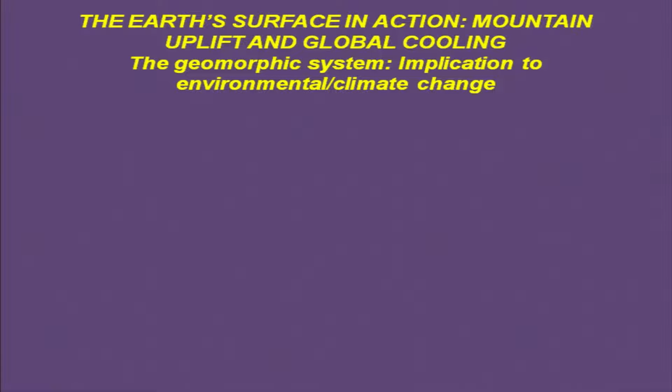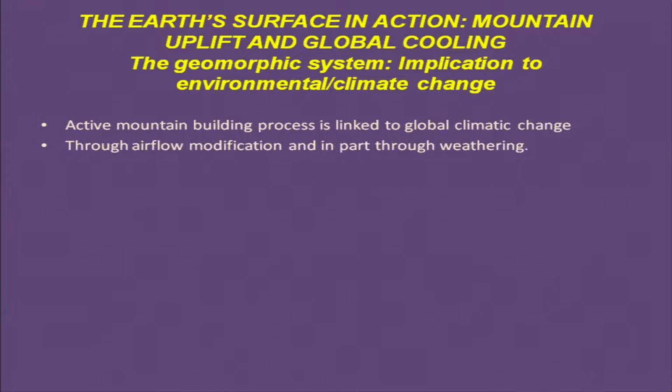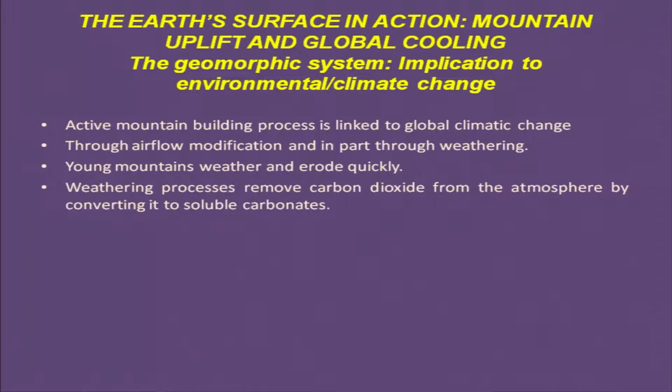Active mountain building is linked to global climate change through airflow modification and in part through weathering. Young mountains weather and erode very quickly, and this erosion, or weathering process, removes carbon dioxide from the atmosphere by converting it to soluble carbonates.